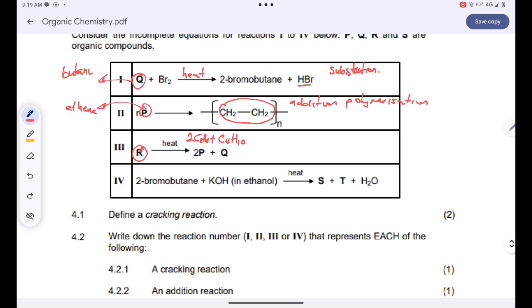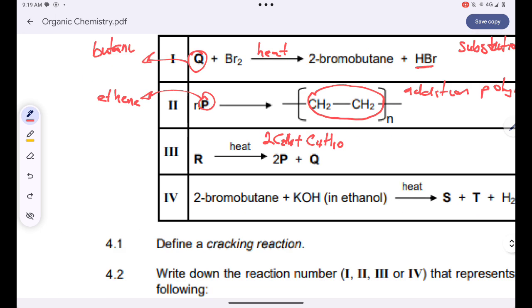Are you together? So for me to write down the molecular formula of compound R, I must just count the number of carbons that are present in R. On the left hand side, I have 4 plus 4, that's 8 carbons, and I also have 8 plus 10, that's 18 hydrogens. So compound R is just an octane.